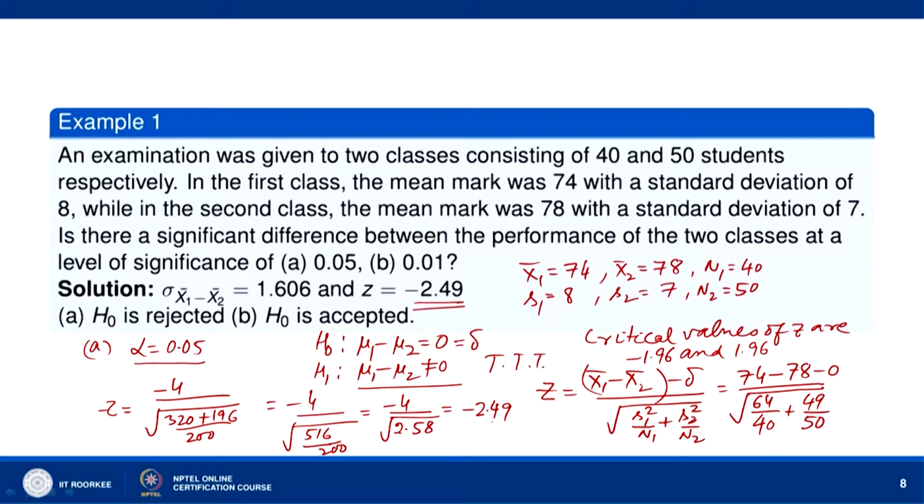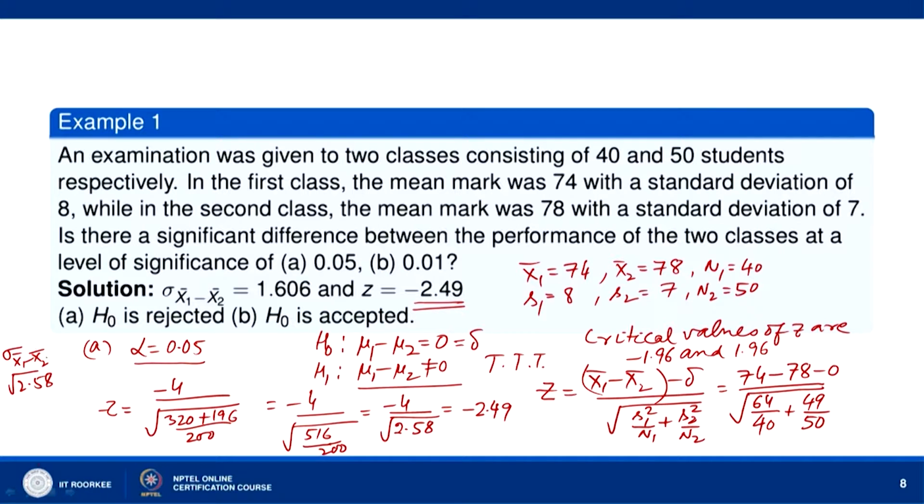The square root of 2.58 gives us the value of sigma x1 bar minus x2 bar, which is equal to 1.606.